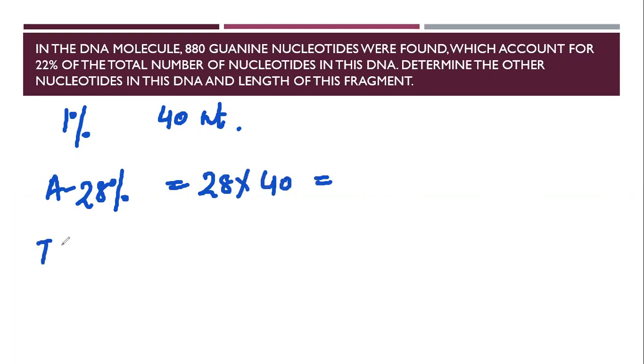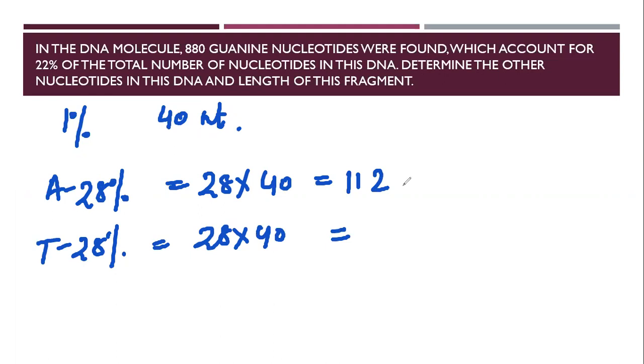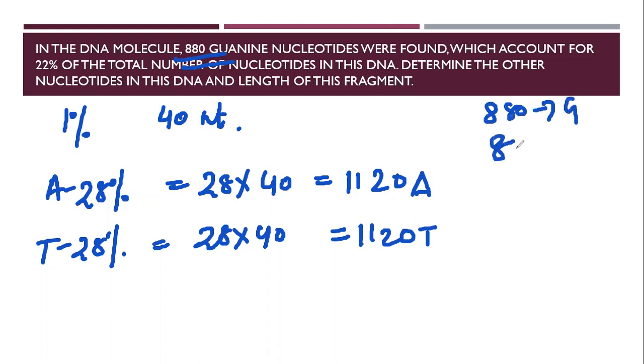This is also 28 into 40 for T. So how much am I getting? 1120. I'm getting 1120 as A and T. And already in the question, we know that 880 is G, 880 is C.